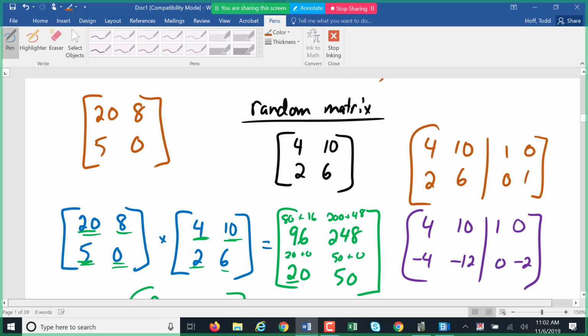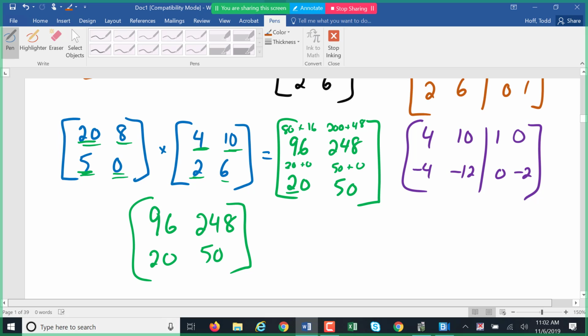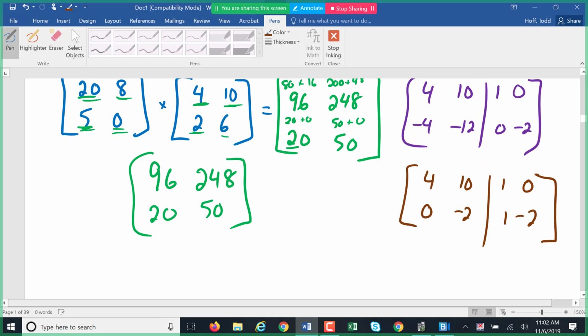And now I'm going to combine it with the top row. So the top row I'm going to leave as it is for now. I'm going to combine those and replace the bottom row. So I got 0, -2, 1, -2. Bottom row now, I'm going to divide out that -2.